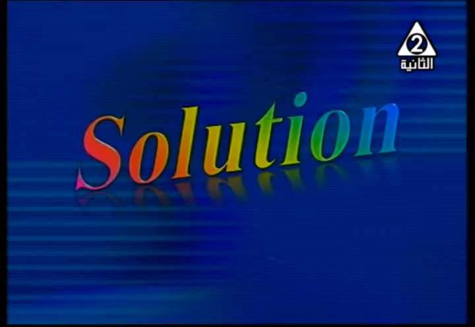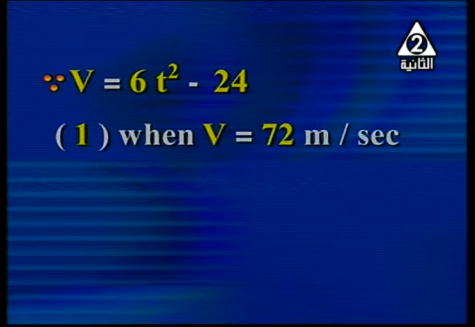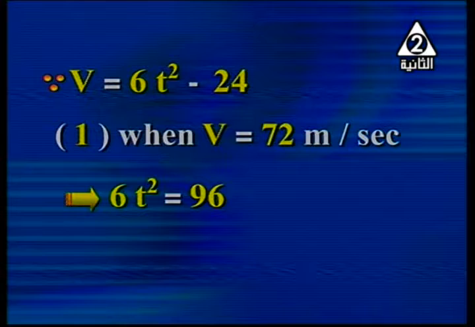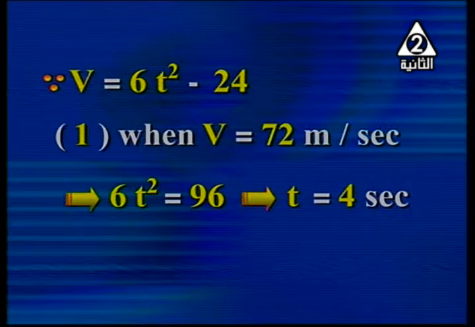Solution. Dear student, v equals 6t squared minus 24. When v equals 72 meter per second, by substitution we find the value of t. Then 6t squared equals 96, t equals 4 seconds.